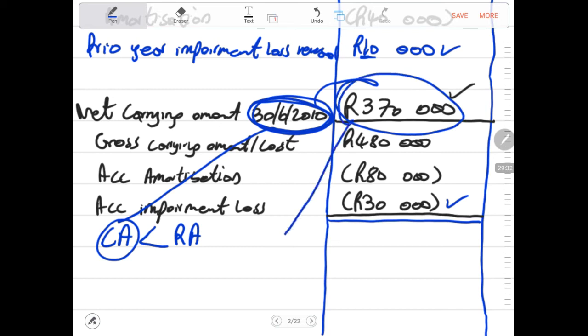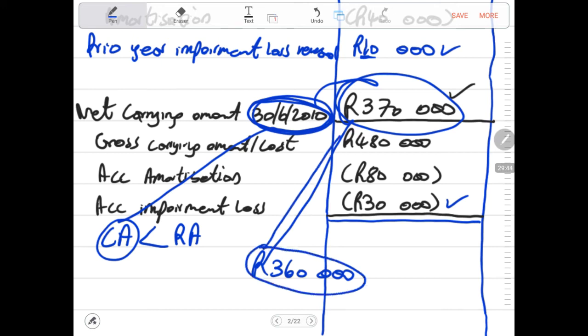It means the carrying amount must have been 360,000 rands. This is what this information is telling me, because if my carrying amount is 360,000 rands and my recoverable amount is 370,000 rands, that means my asset will not be impaired, meaning there will not be impairment loss, but it must increase in value.